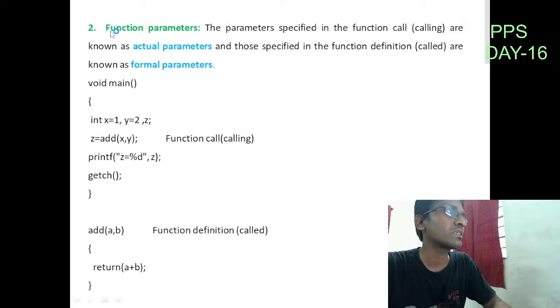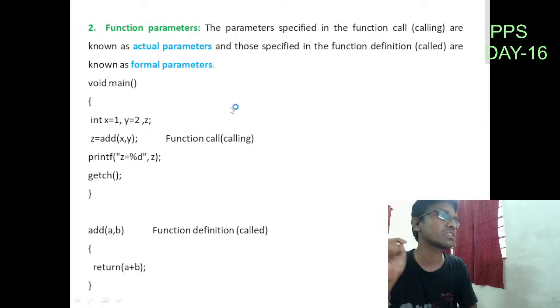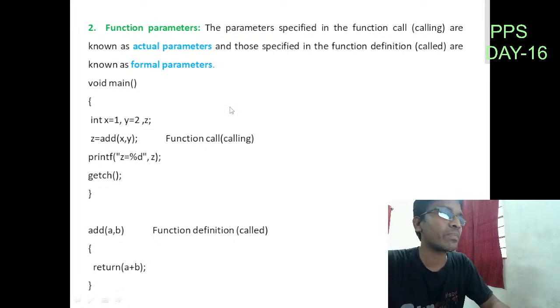So the next topic is function parameters. I said this before this slide. There are two types of parameters: actual parameters and formal parameters. The actual parameters are in the calling function. In a calling function we pass the arguments, and those arguments are called actual parameters or actual arguments.